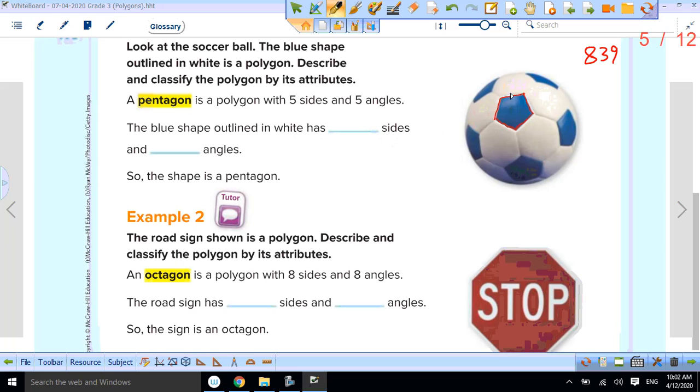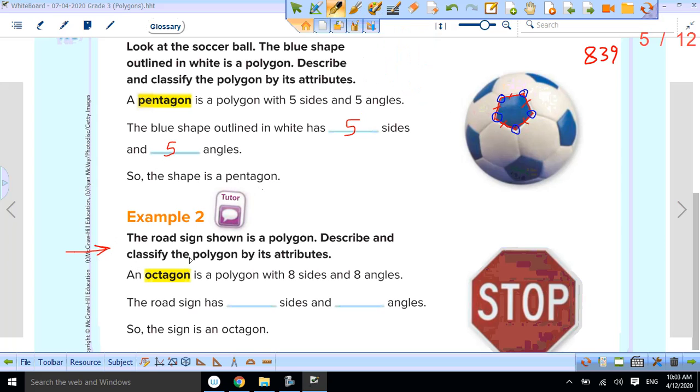Let's count: 1, 2, 3, 4, 5. It has 5 sides. And how many angles? 1, 2, 3, 4, 5. It has 5 angles, so it is called a pentagon.